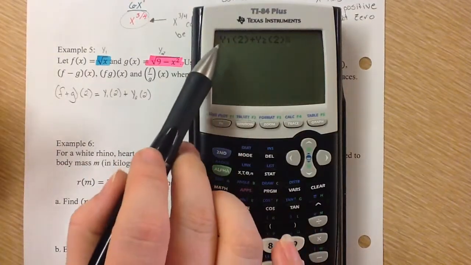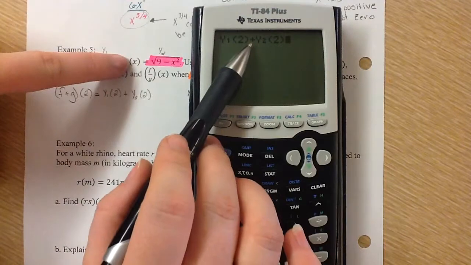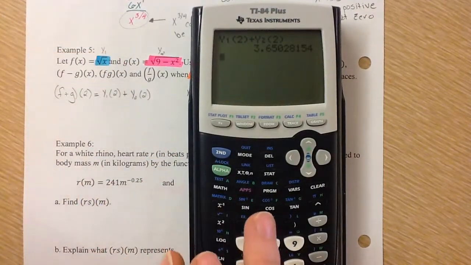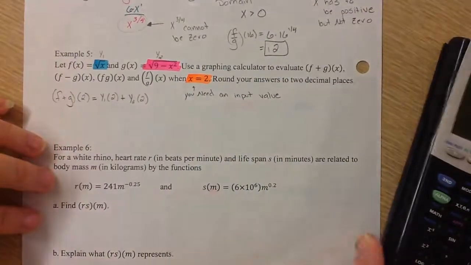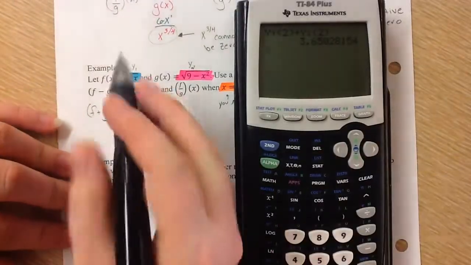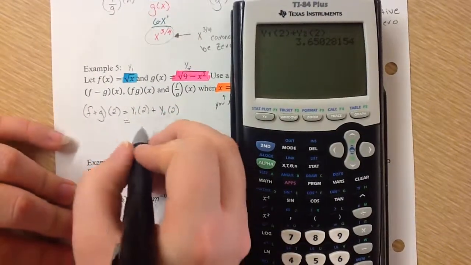So I want to take the first function, my y1, my f function of 2, and add my second function of 2. Hit enter and it'll actually give you that answer. Again, approximately, this isn't exact. It says round your answers to 2 decimal places. So my answer for f plus g of 2 would be approximately 3.65.